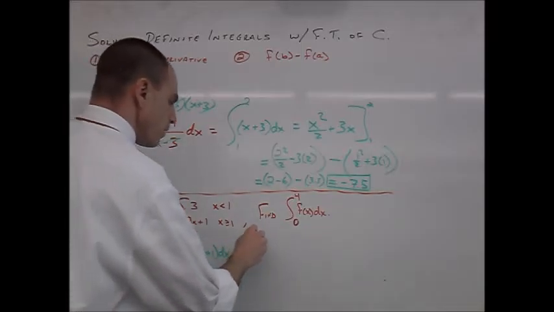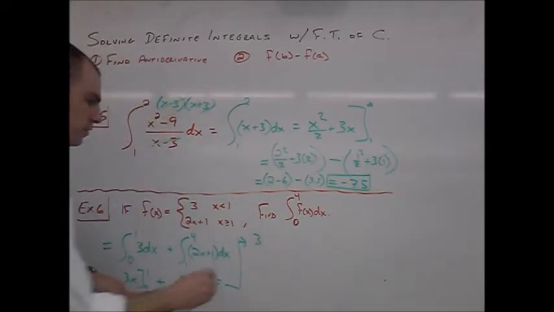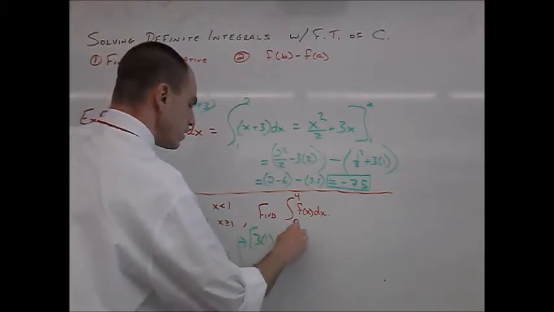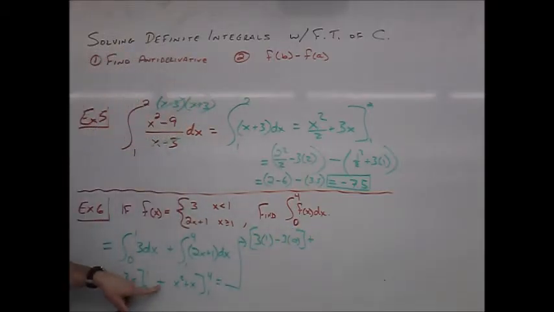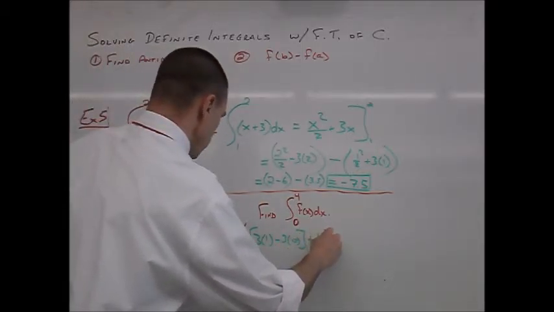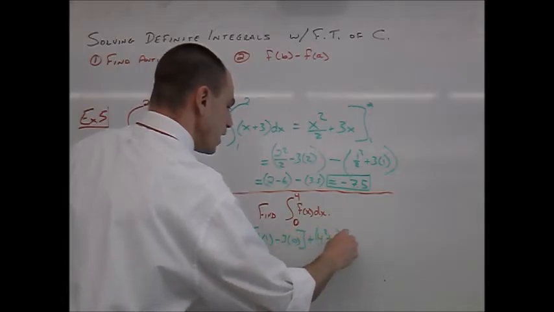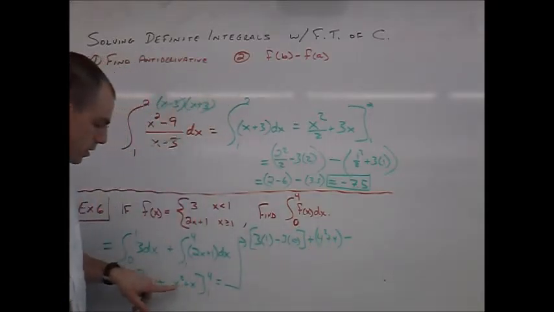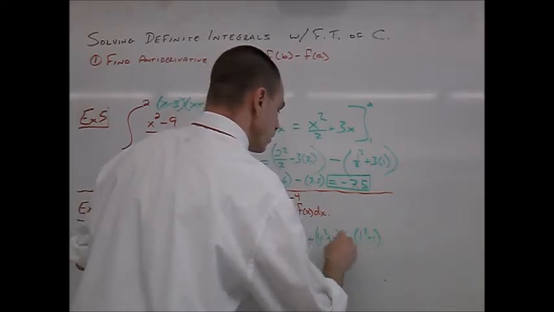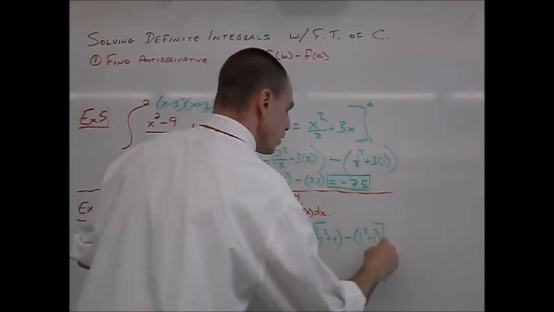This will become 3 times 1 minus 3 times 0. And we're going to add to that, and now we're going to plug in 4 first. So we have 4 squared plus 4, and we're going to subtract 1 squared plus 1, and that is all being grouped together as well.